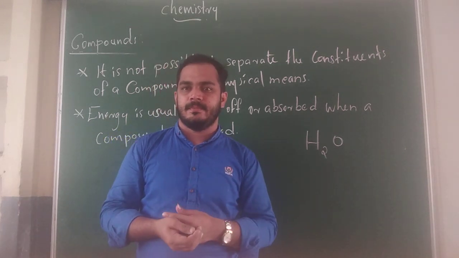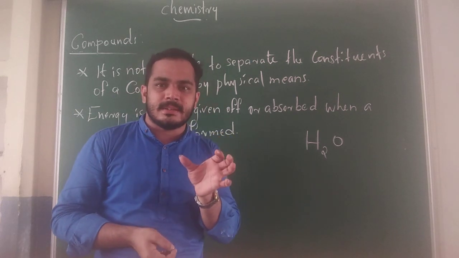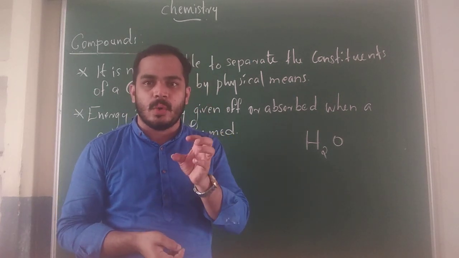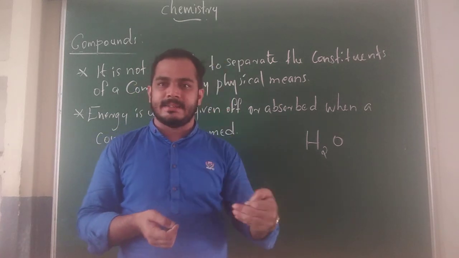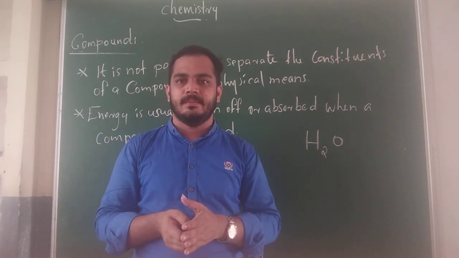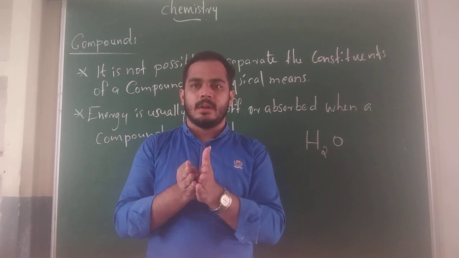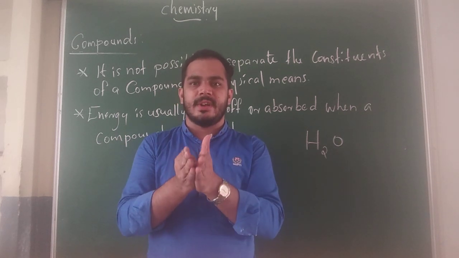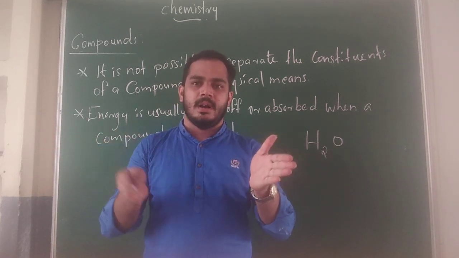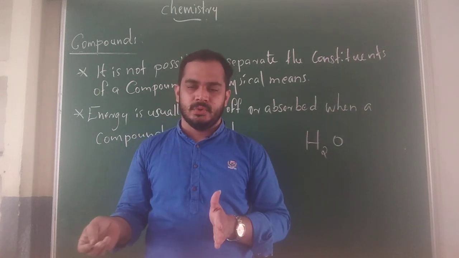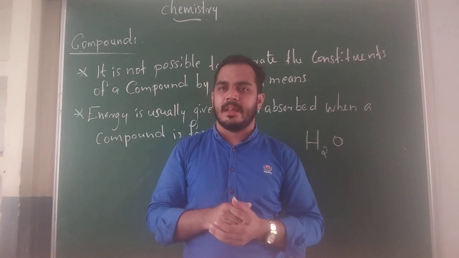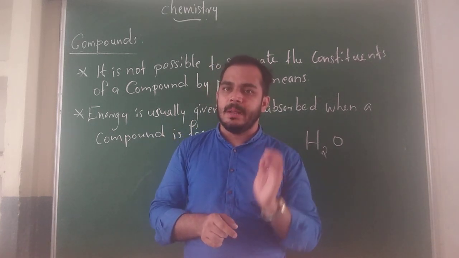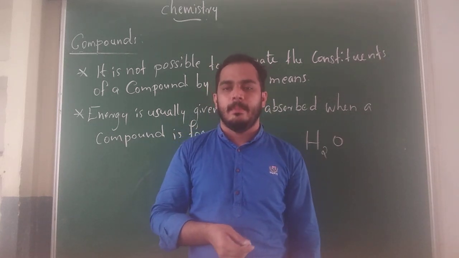Electrolysis means applying electricity to the water, with the help of acid. So what happens? The constituents of the water separate into hydrogen and oxygen. So this character says that by physical means they cannot separate their constituents. It's only possible with the help of a chemical method.